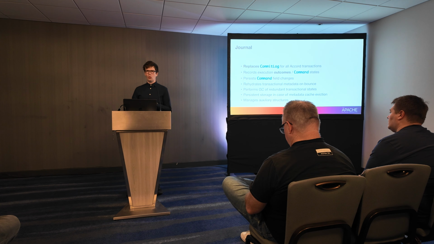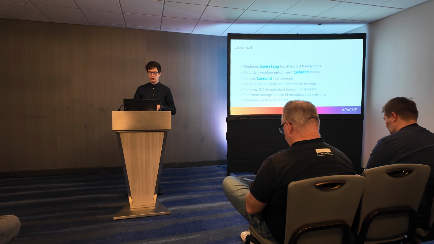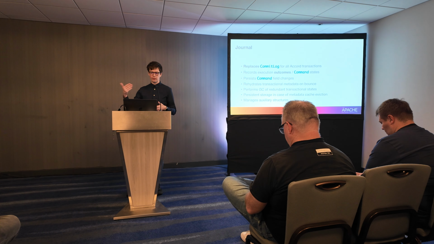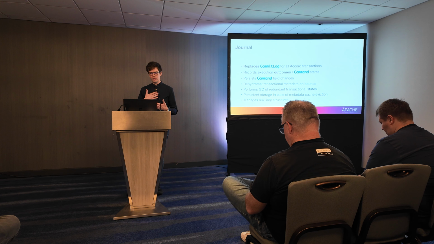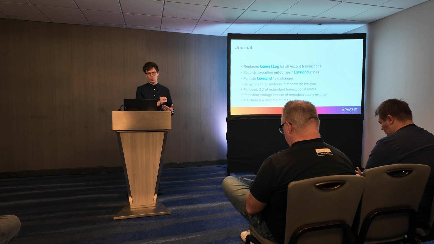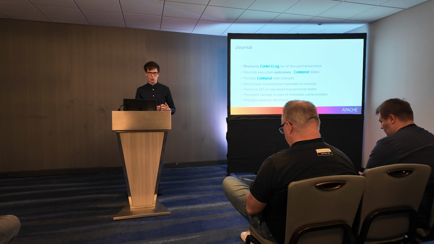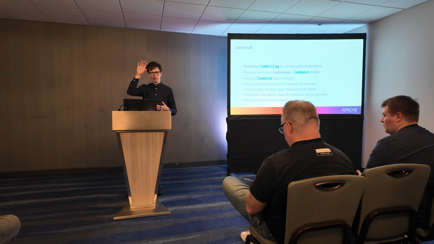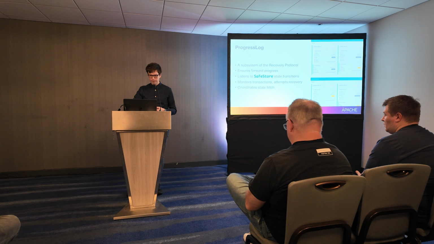We do not have a separate commit log for mem tables that Accord manages, which means that everything is really persisted only in the journal. So the journal has to be tied together with the rest of the subsystems to ensure that whenever the node is restarting, we also get the data from the journal to the mem table, and later from the mem table to SS tables as well.